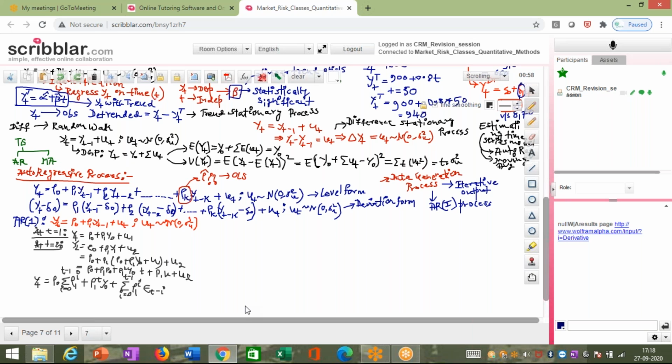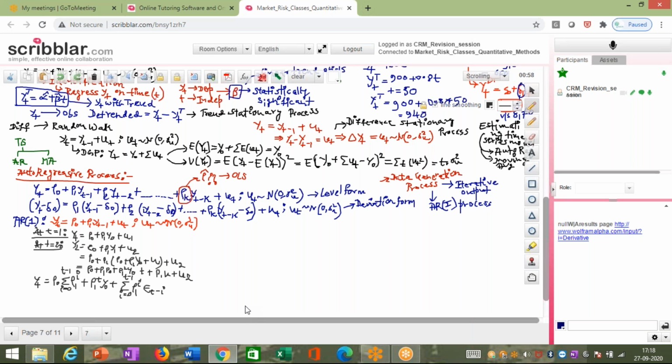Number one is the rho, the autocorrelation coefficient, that element of responsiveness or causality between YT and YT minus 1, between a lag and YT.